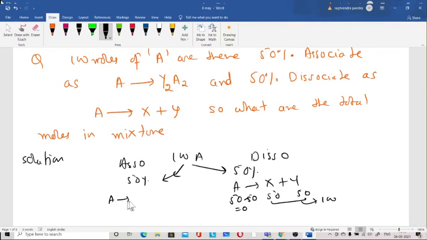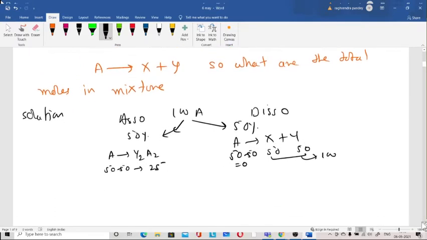And A gives A by 2, it's a dimerization, so 50 minus 50 will give 25 because it is half. So here it is 0, now it is 25, and 25 plus 100 is your 125. So we have just done some revision.